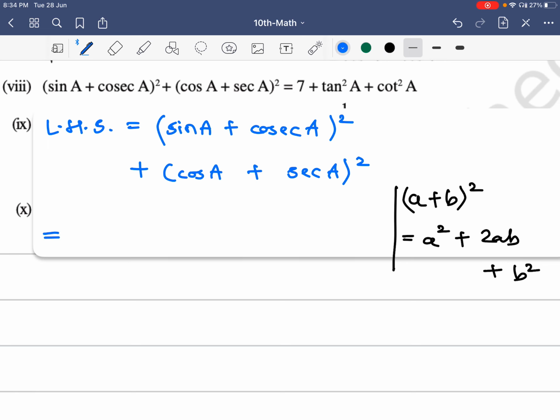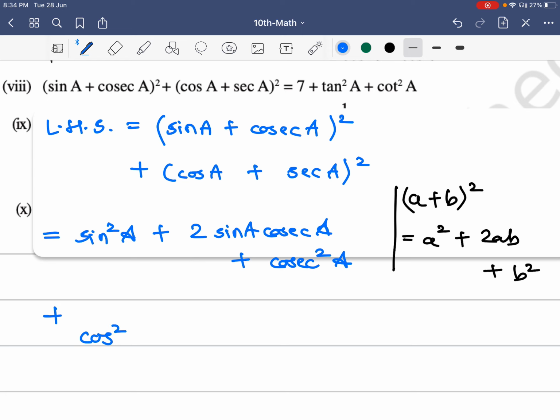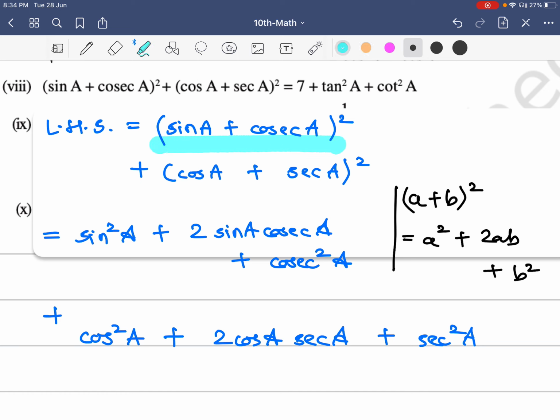Yes, so that is equal to, this is going to be sin square A plus 2 sin A cosec A, plus cosec square A, and plus this is going to be cos square A plus 2 cos A sec A plus sec square A. So just to understand this, we have expanded here, and this term we have expanded here.